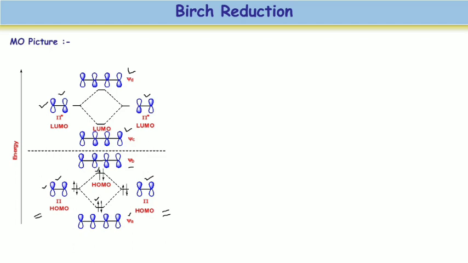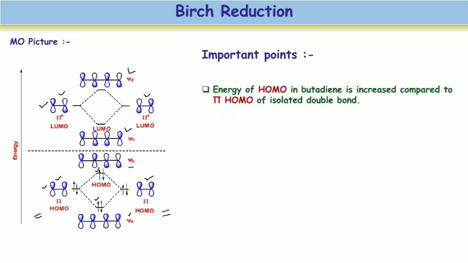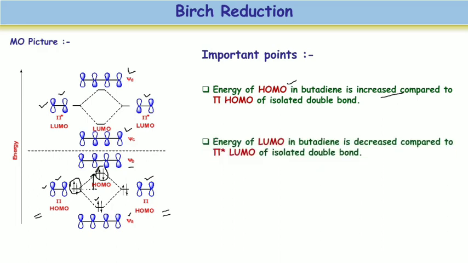Now, important points to be noted: the first point, the energy of HOMO in butadiene is increased compared to the pi HOMO of an isolated double bond. So it was the HOMO initially, and now in the butadiene molecule the HOMO is this. So energy is increased compared to pi HOMO of ethylene. And second, the energy of LUMO in butadiene is decreased compared to pi star LUMO of an isolated double bond.